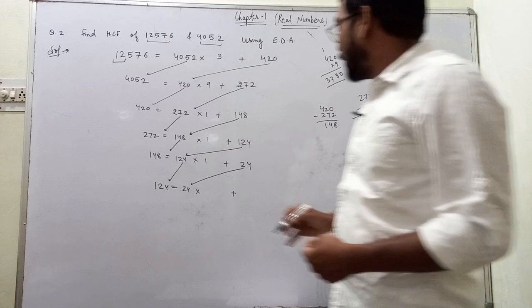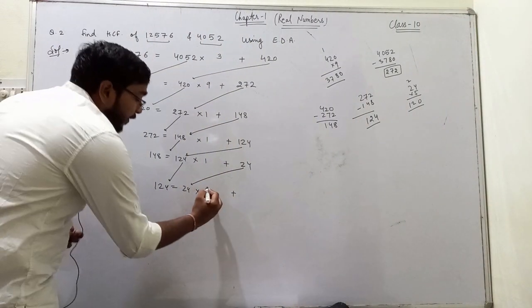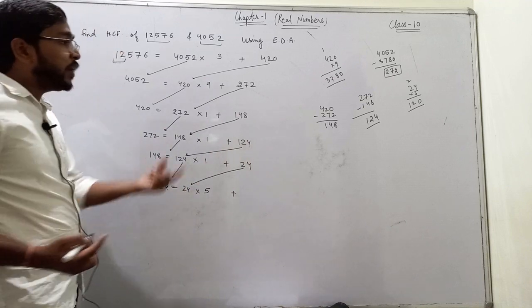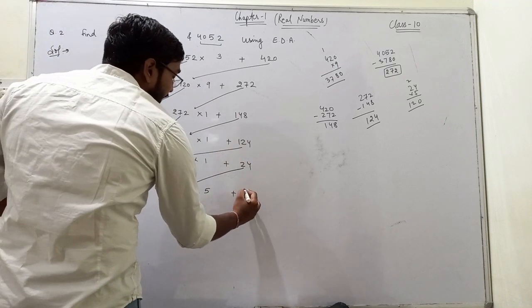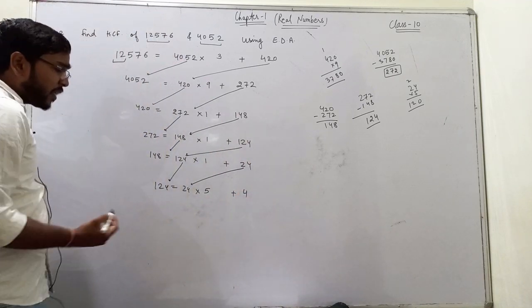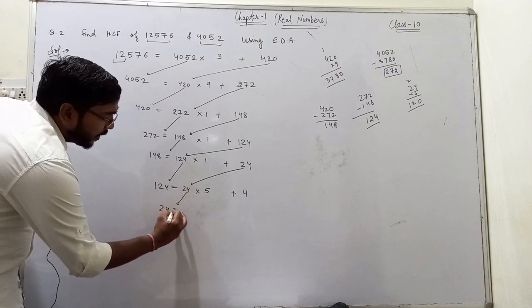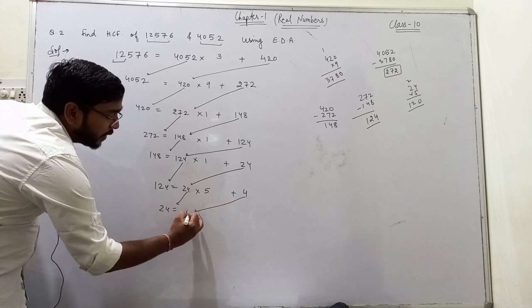So it is 120. So I can write 24 into 5 plus the remainder, which will be 124 minus 120, that is 4. Now again the remainder is non-zero, so I can write 24 here and 4 here.